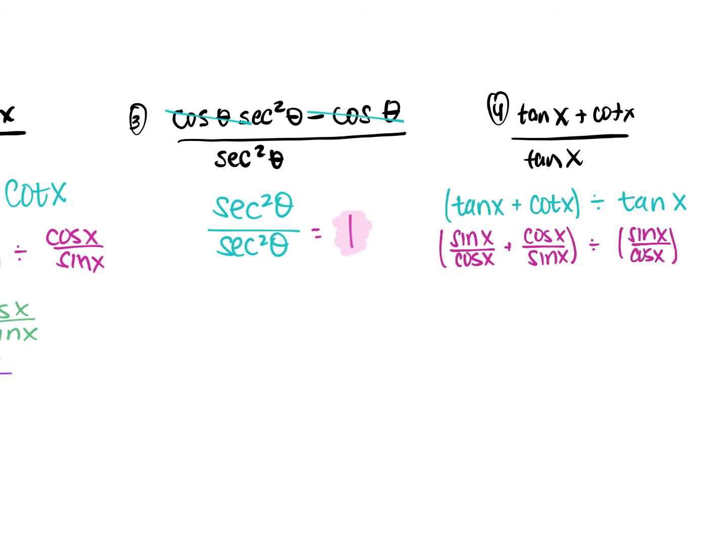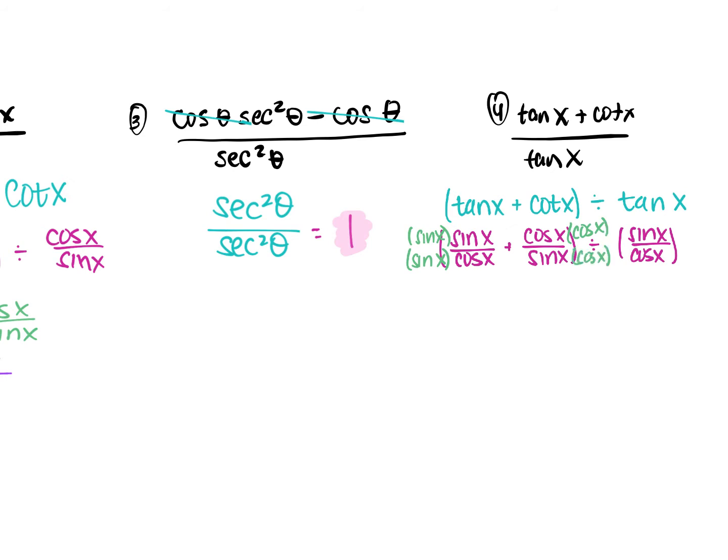From here, in order for you to add your two fractions in the first set of parentheses, you need like denominators. So you're going to multiply the top and bottom of the first fraction by sine x. You can't just simplify that? No. Your second fraction in there is going to be multiplied by cosine x.